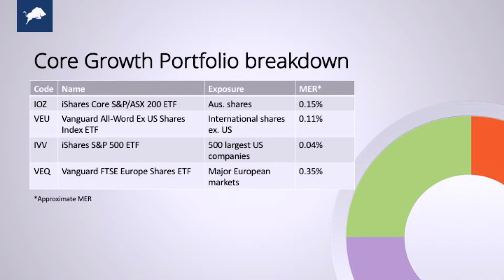Now, the reason why we've got ex-US is because we also have an allocation to the iShares S&P 500 exchange traded fund. What that iShares S&P 500 is giving us exposure to is the top 500 stocks or companies in the US as ranked by their market cap, so the size, and we get all 500, so we get the diversification across there.